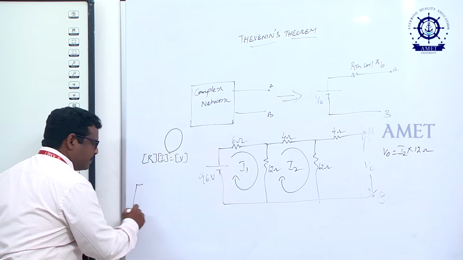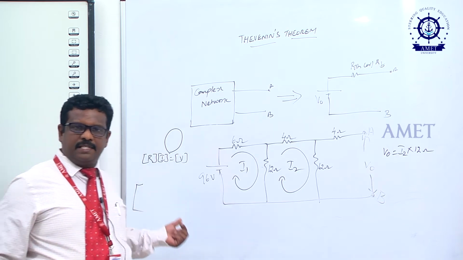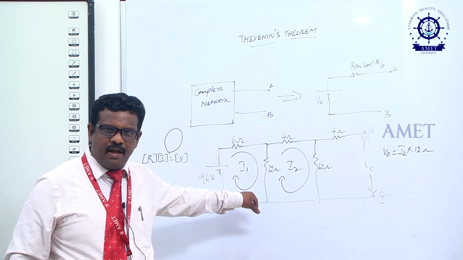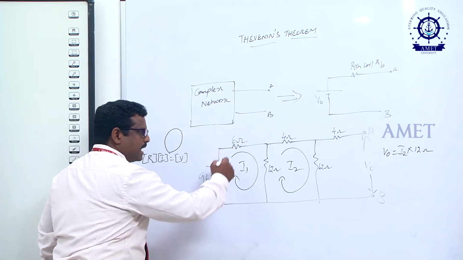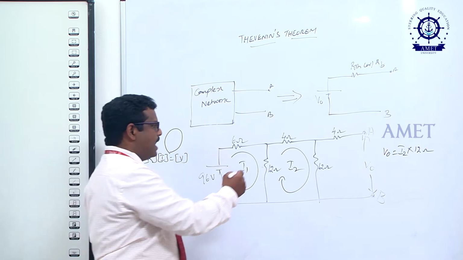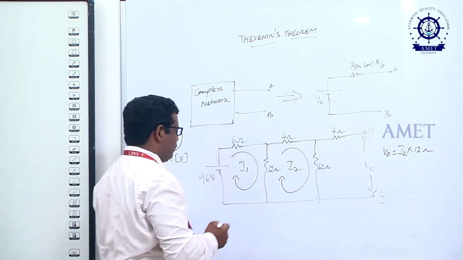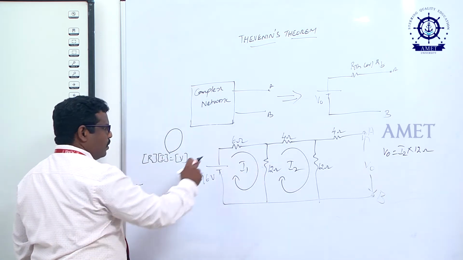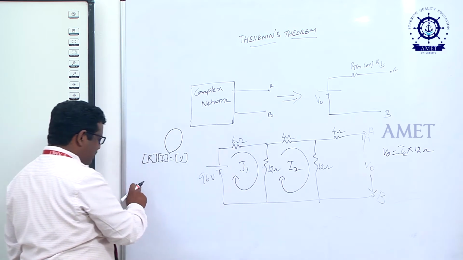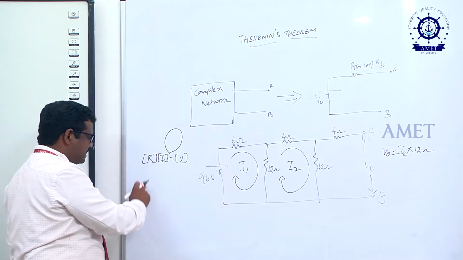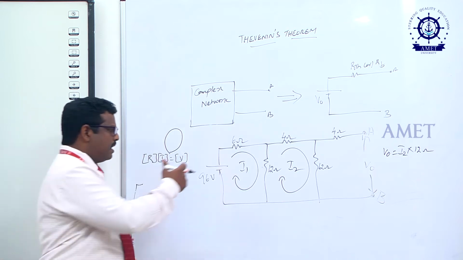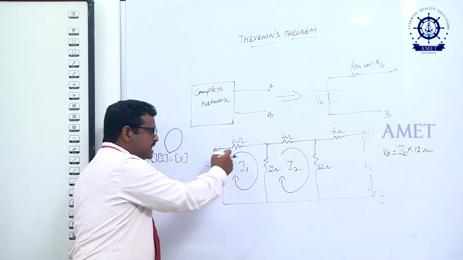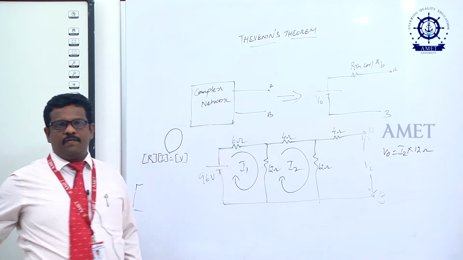For your understanding, I am once again explaining the Kirchhoff law applied in this particular loop. I1 is the current circulating in the first loop, I2 is the current circulating in the second loop, right. The first row, first column is the sum of all the resistances in the first loop.